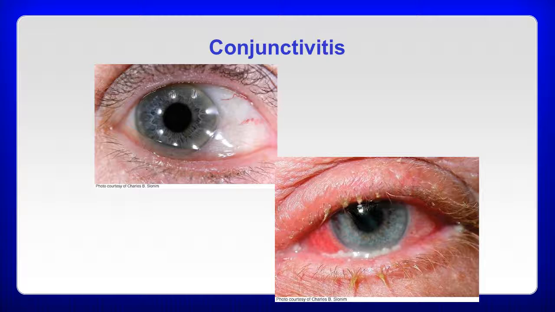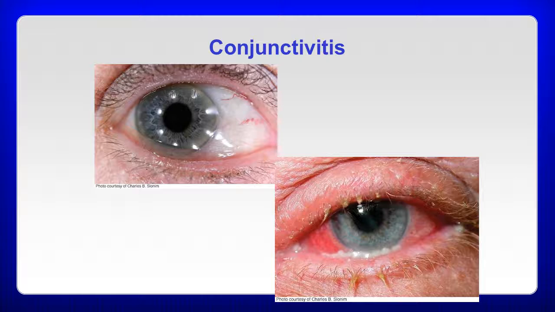So this can be caused by a couple different things. Part of it would be determining what type of conjunctivitis you're looking at. It could be caused by bacteria, it could be caused by viruses, it could be caused by allergies, it can be caused even by just a dry eye in response to either a corneal injury or any type of irritation.